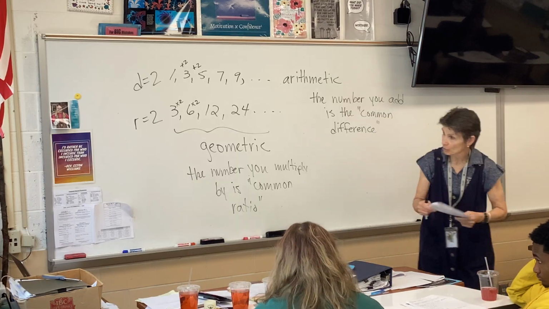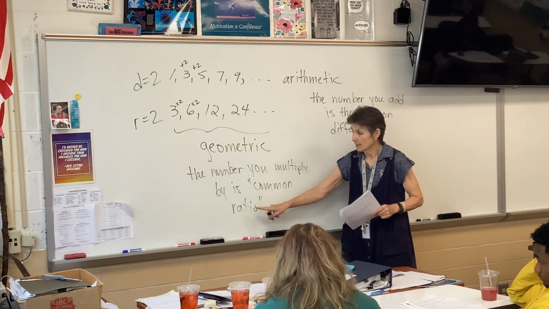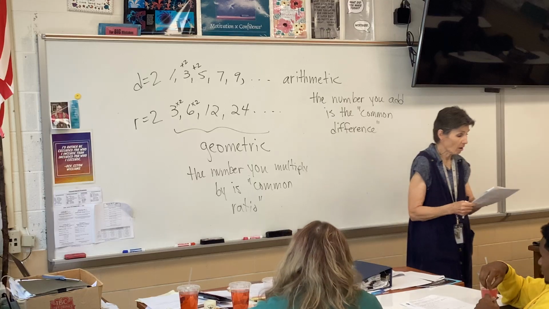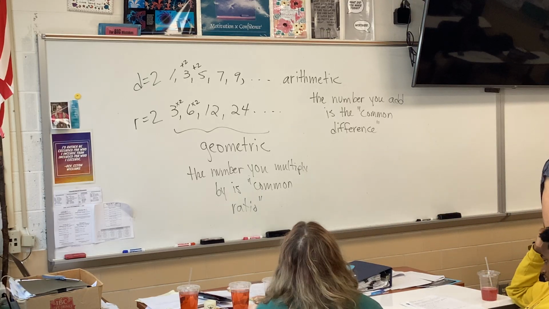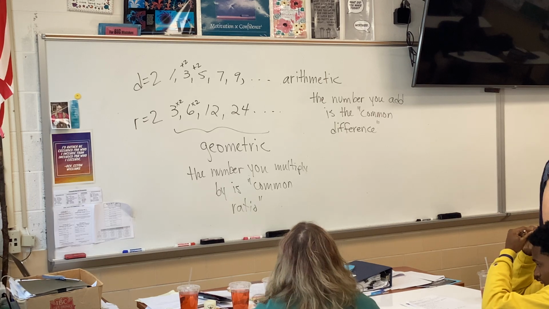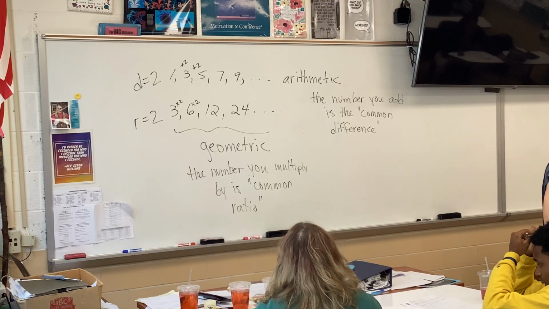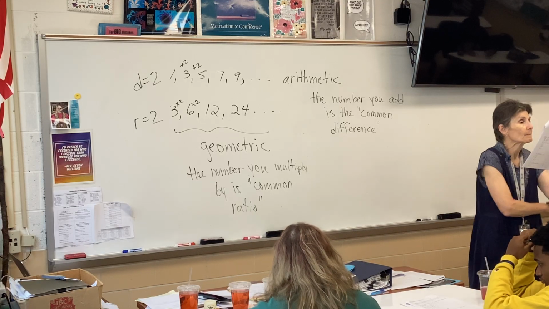If it's geometric, you're getting from number to number by multiplying by R. What is the R in letter A? 1/2. Aren't we multiplying by 1/2? Yeah, we're multiplying by 1/2. Good.